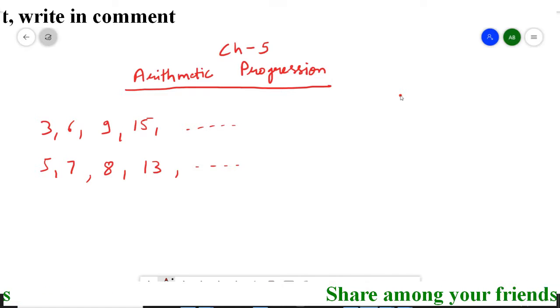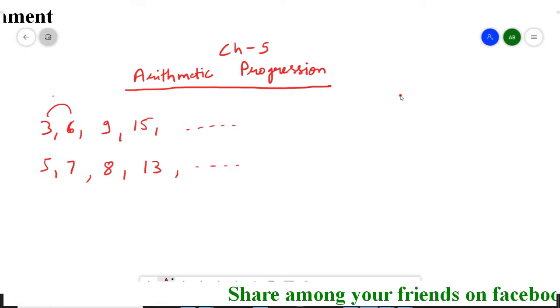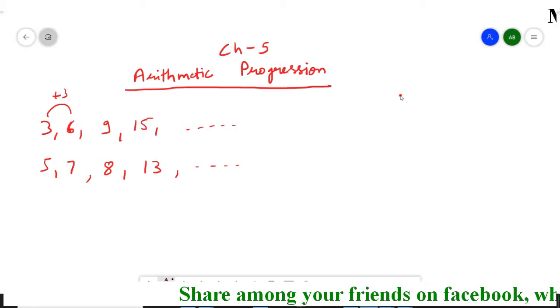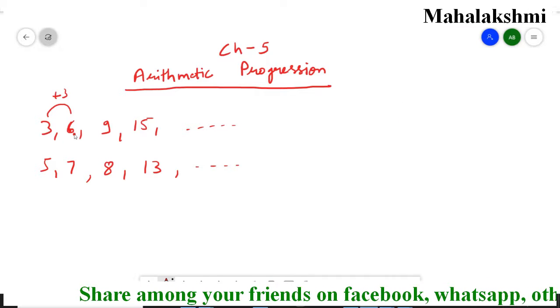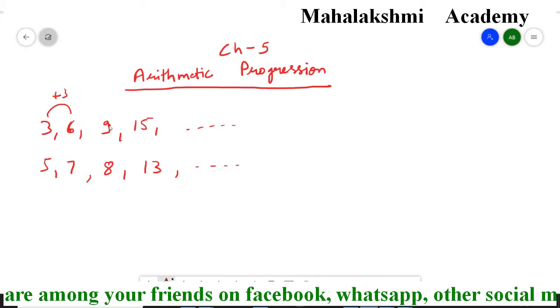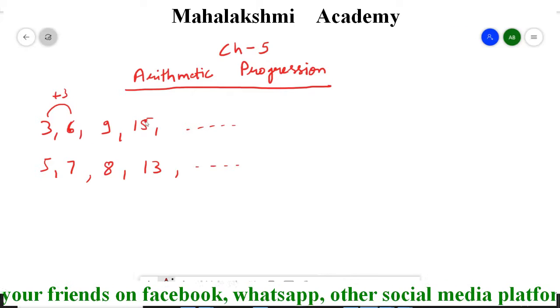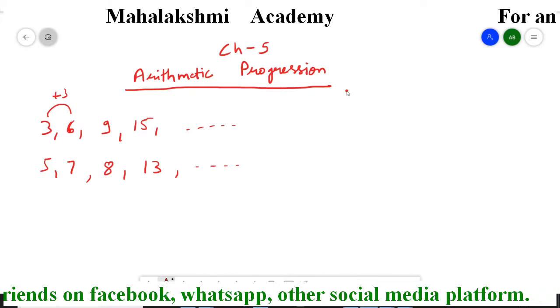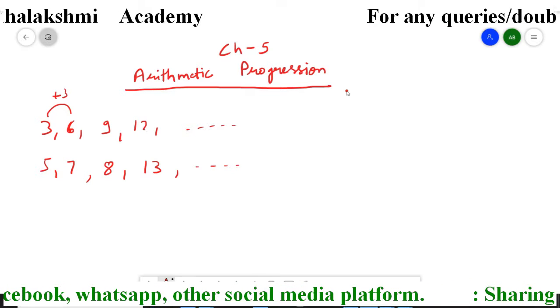You can see that in the first series the difference between 3 and 6 is plus 3, meaning if we add 3 to this term we will get 6. In the same way, if we add 3 to this 6 we will get 9, and like this it will go. Here we have to take 12, then it will match.